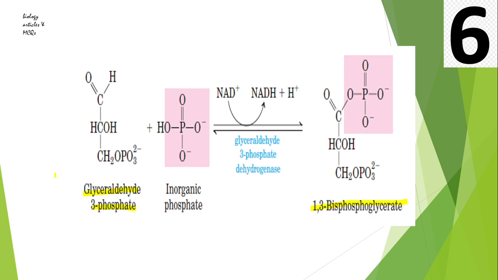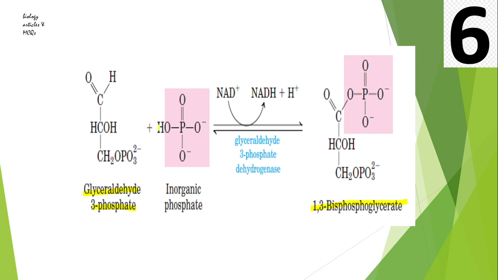One thing here you can see that first of all we see in the first and third step that the ATP was being used. But now we don't have to use ATP, we have to produce ATP because it is an energy producing process. Glycolysis is an energy producing process. So for the conversion of glyceraldehyde 3-phosphate into its product, we have to now produce ATP.